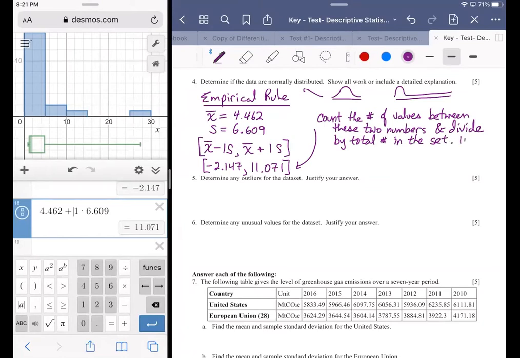If it's close to 68%, so that's plus or minus 2 percentage points, then compute x bar minus 2s, x bar plus 2s. If it's not, then you stop and you say it's not a normal distribution.